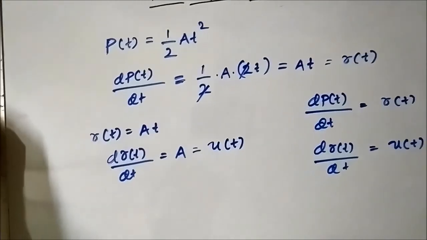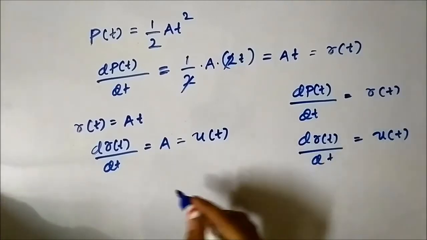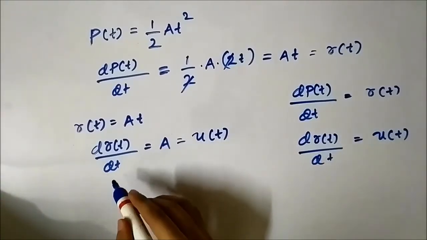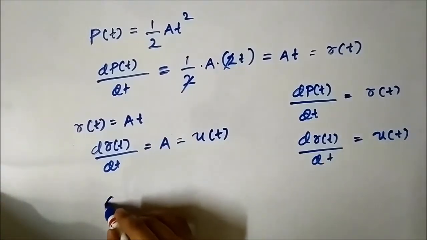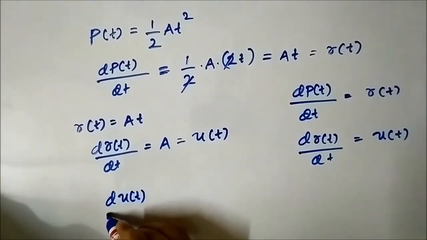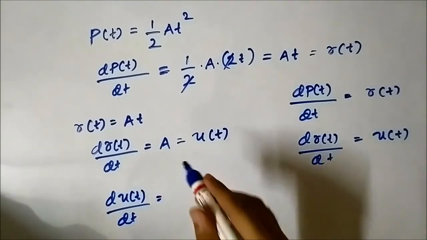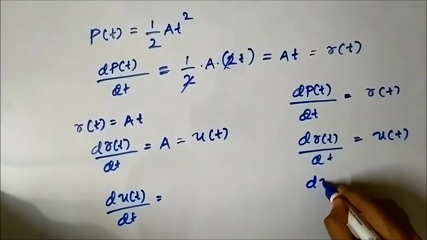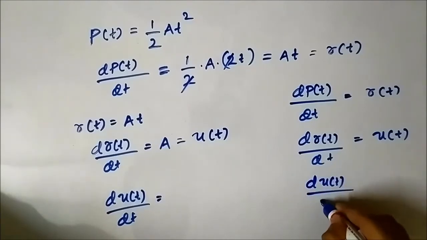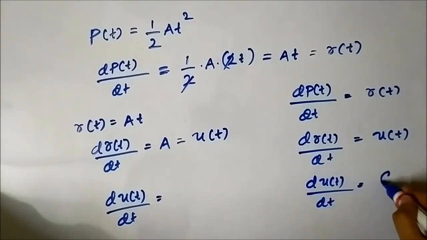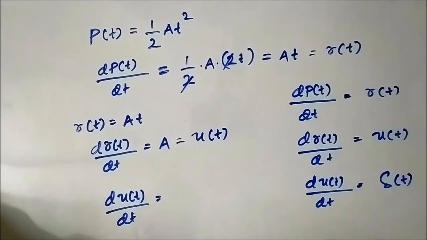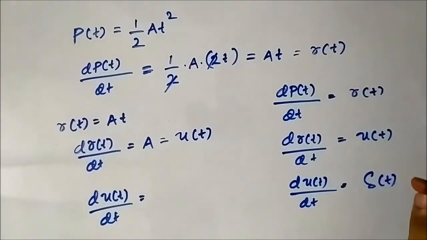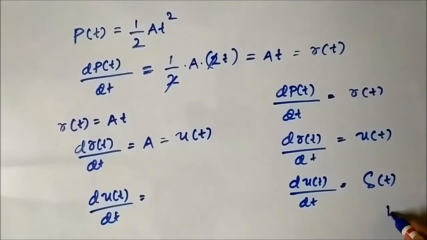Again, if we further differentiate the step function, du(t) by dt, the differentiation of a constant is generally equal to 0, but actually this gives us the impulse function. du(t) by dt is equal to the impulse function. Why? Because the impulse function, as I said, is a very unique signal function. It exists only at t equals to 0.